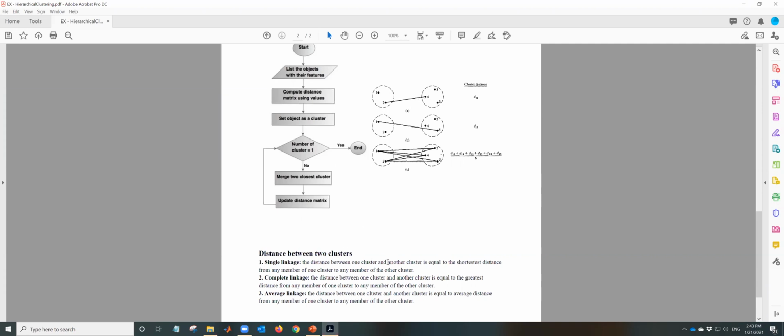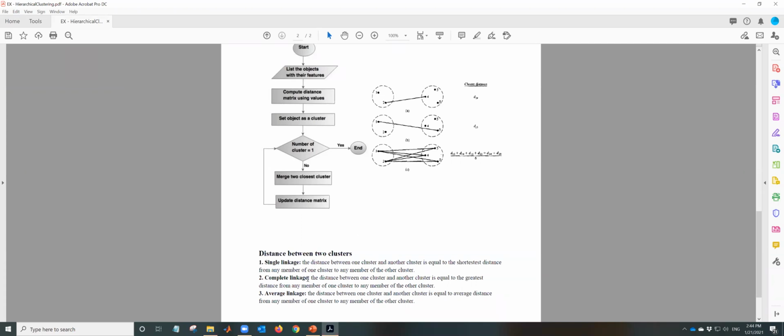So the cluster distance is represented by the shortest distance from any member of one cluster to any member of the other cluster. So if we use single linkage, this will be D24.